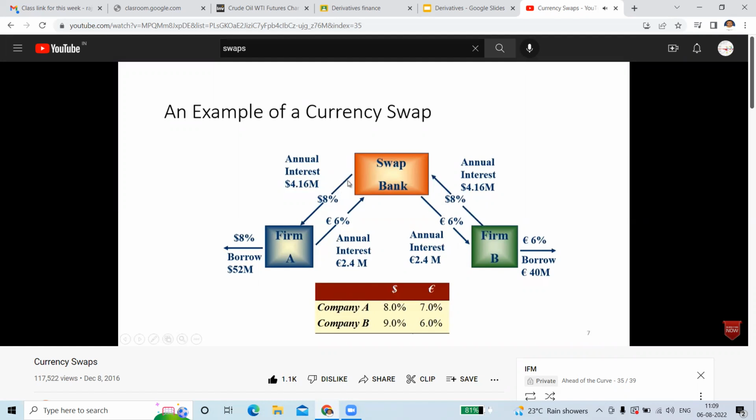So you can see what happens here. Firm A's payment, the 8% in dollars that it borrowed, is canceled out because it's paying 8%, but it's receiving 8%. So now it's essentially paying a 6% rate on euros.